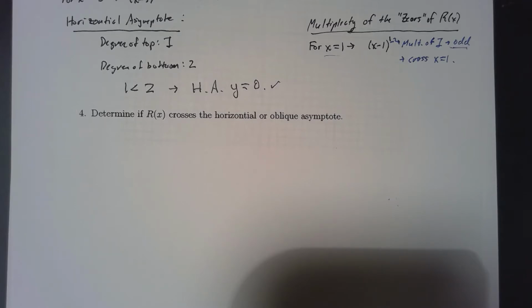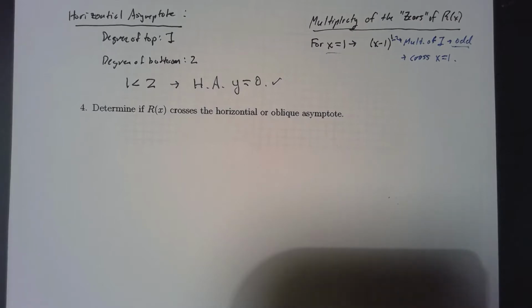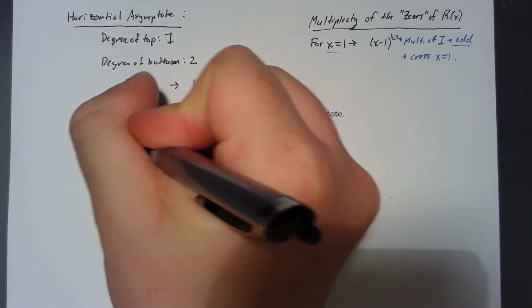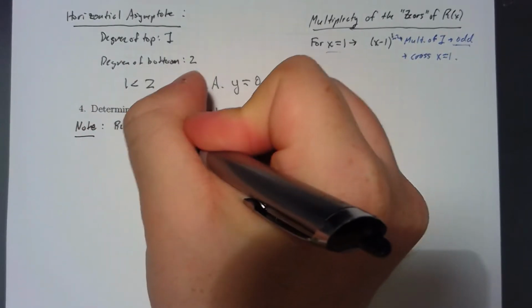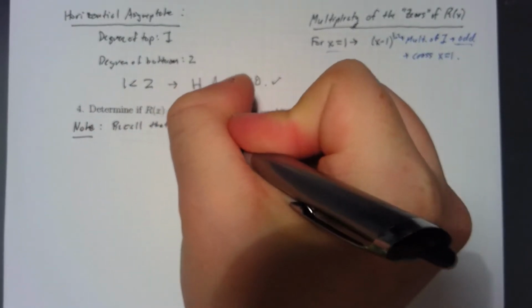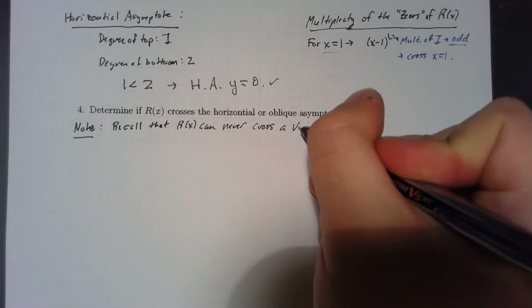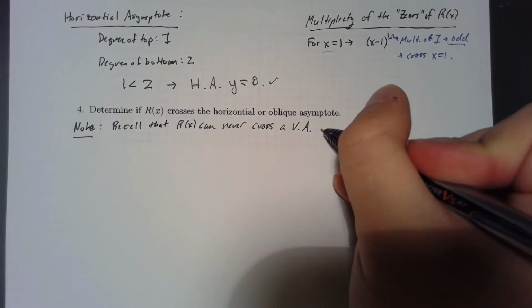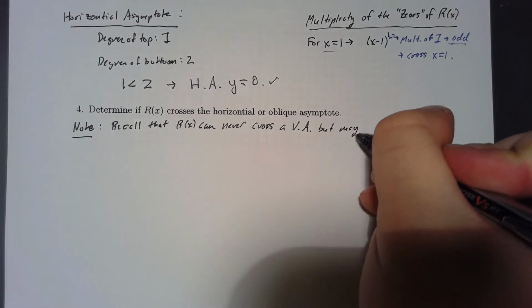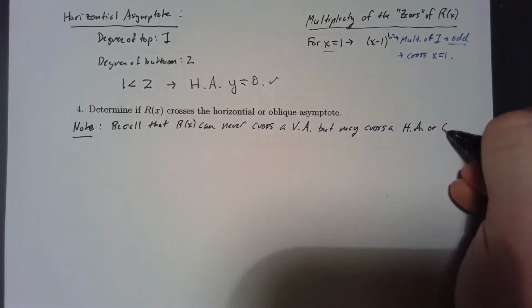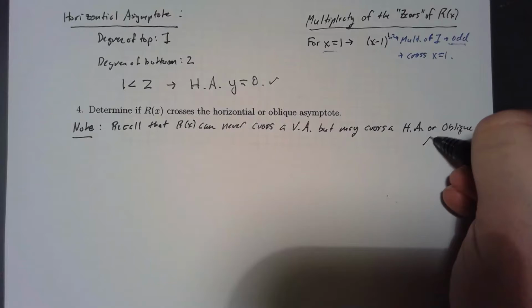So remember, recall that r of x can never cross a vertical asymptote, but may cross a horizontal asymptote or oblique asymptote.